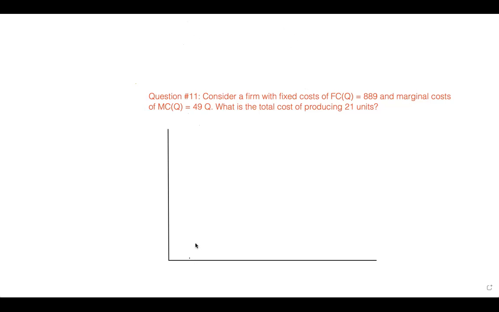A lot of times when you see stuff in the class that seems a little bit mysterious, it ends up being this exact problem when it relates to computing total surplus or other things that we'll be talking about later.